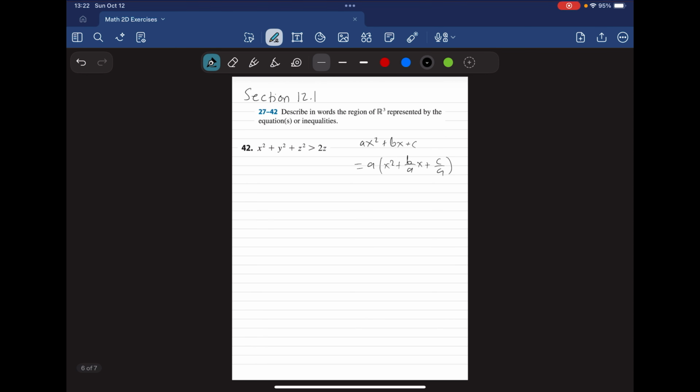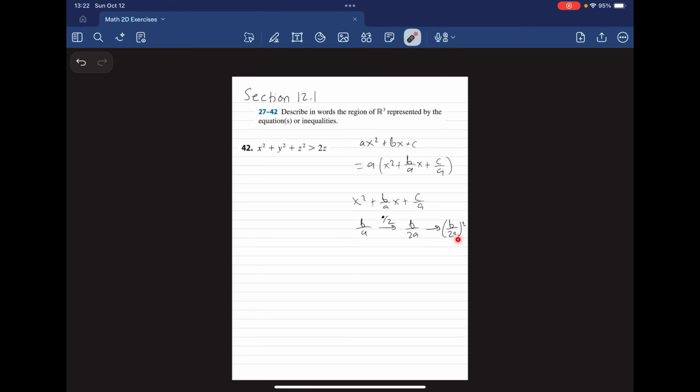And the trick to writing it in the way that we want is to take this coefficient, b over a, and divide it by 2, which I'll denote like this. So this is b over 2a. And then we're going to square the result. So we're going to get b over 2a squared.